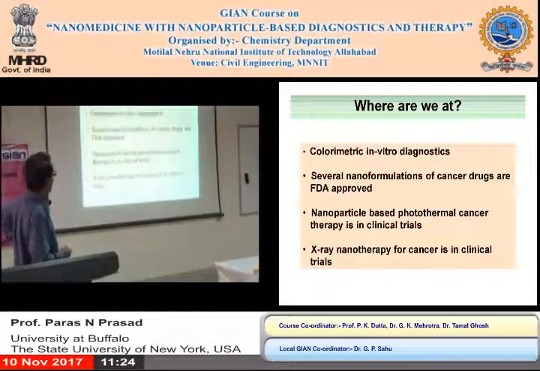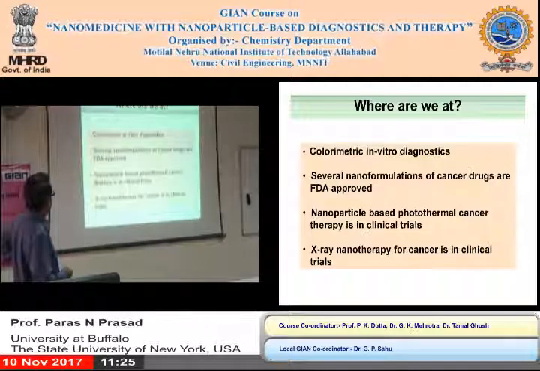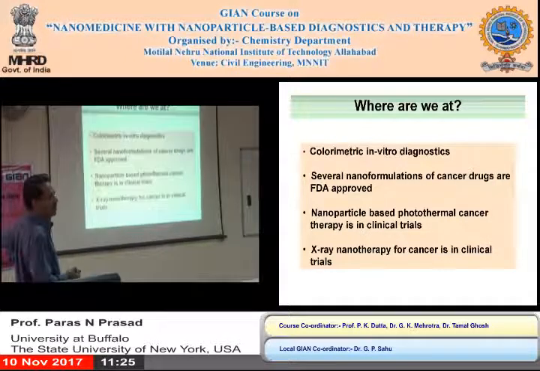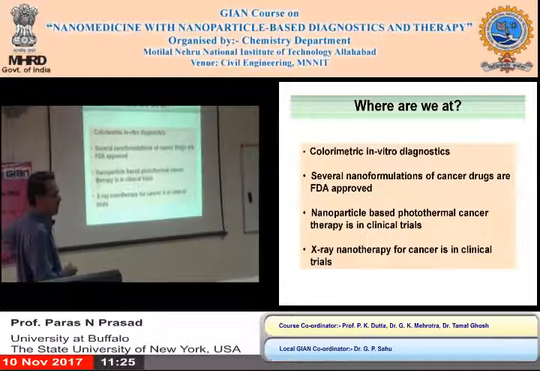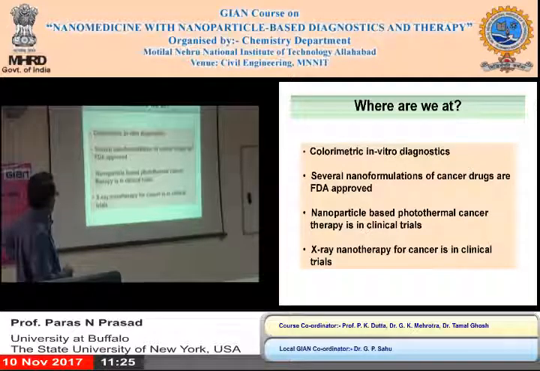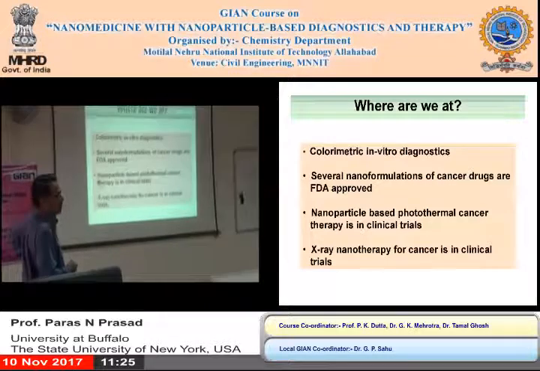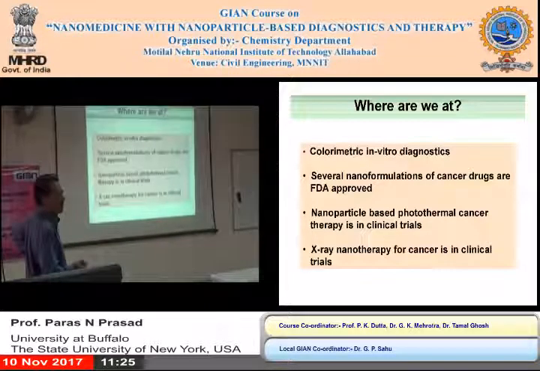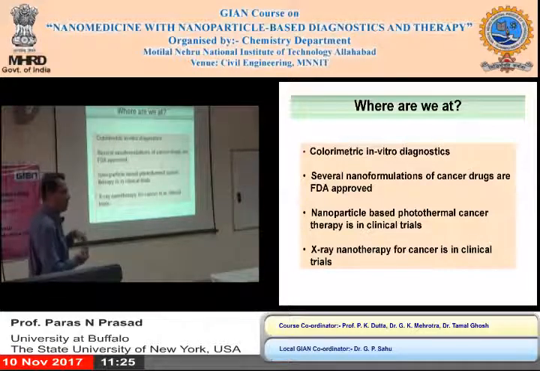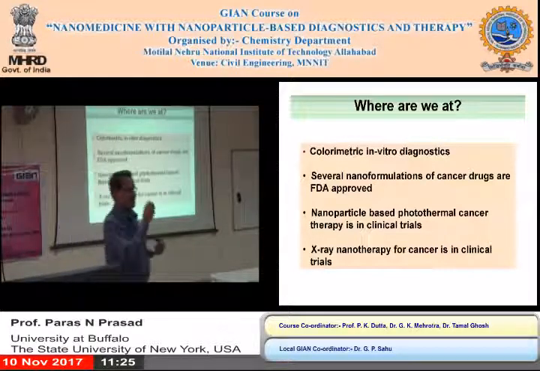Where are we at in nanomedicine? In in vitro diagnosis, there are a number of nano tools available already. One example I gave you was a colorimetric example, a pregnancy test, where you have a strip of nanoparticles of gold with a surface containing antibody.